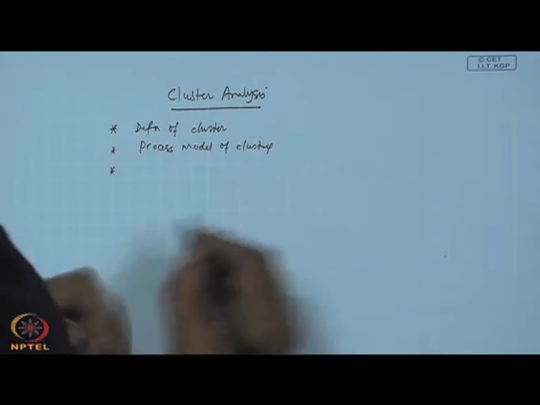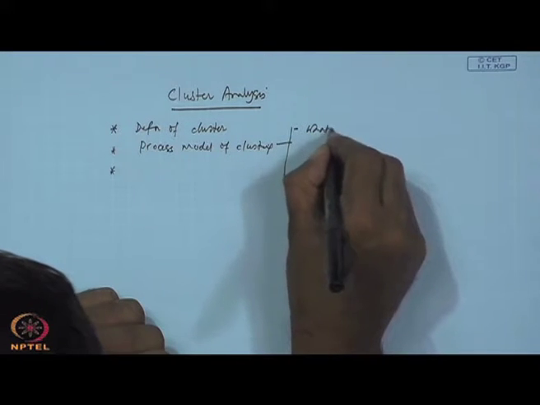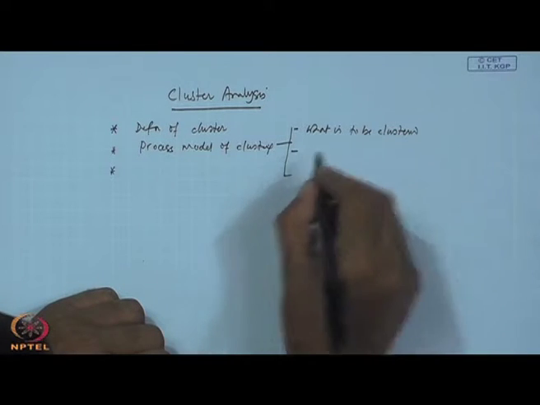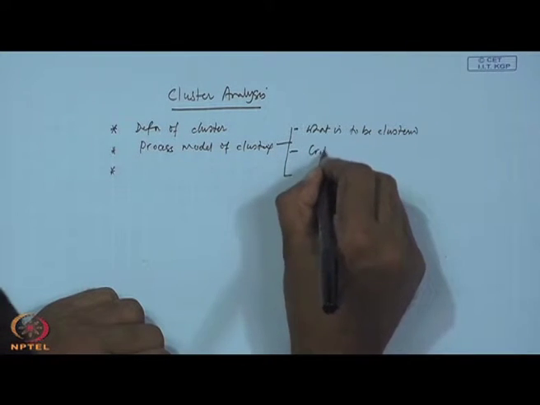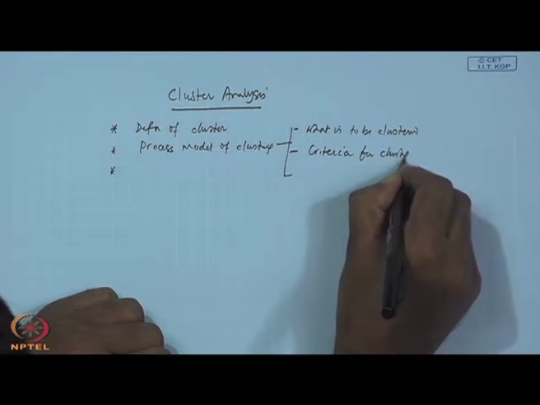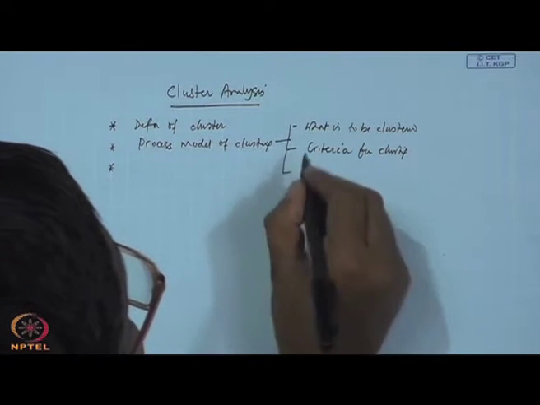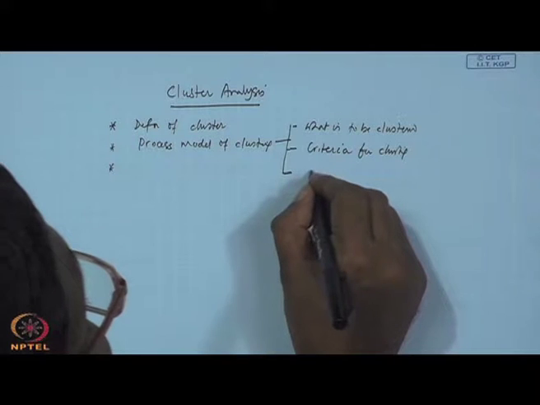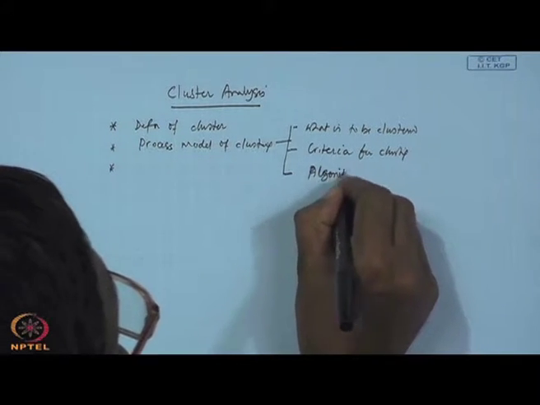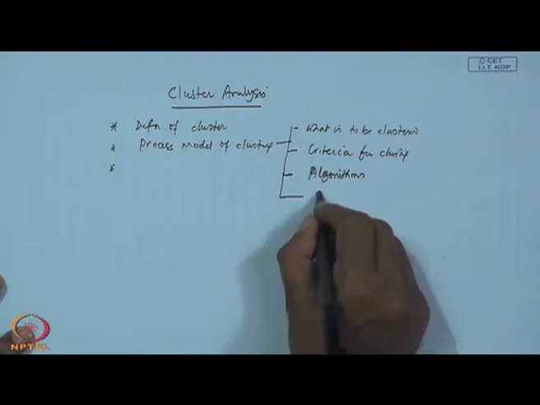Under the process model, what are the things we have known? That what is to be clustered, and criteria for clustering. Then we talked about the partitioning algorithms, and also we have seen outputs.